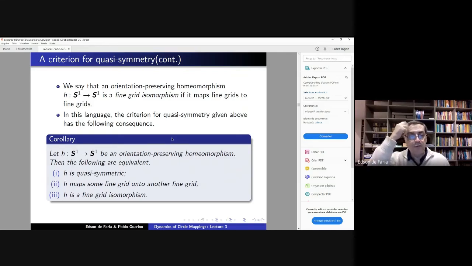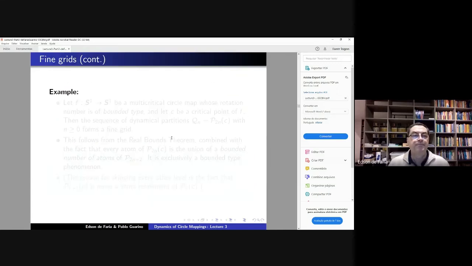So if you're trying to show that a homeomorphism is quasi-symmetric, one thing you can do is just find some fine grid that is taken by this homeomorphism onto some other fine grid. Okay? If this happens, you have quasi-symmetry. And this will be very useful later.